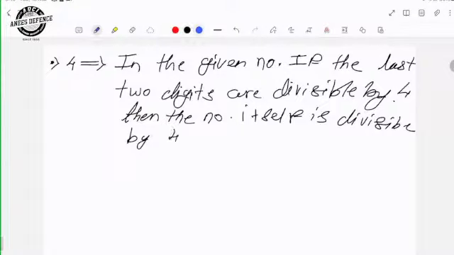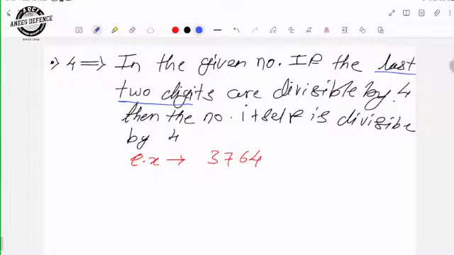For example, you have the number 3764. In this number, you should check the last two digits, not the sum of the last two digits. Don't be confused here. They are telling only the last two digits.